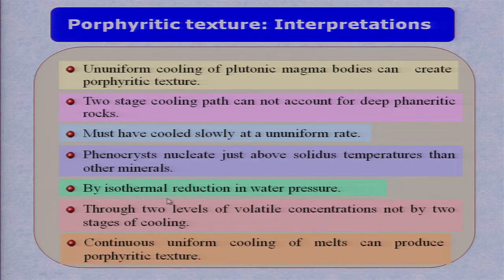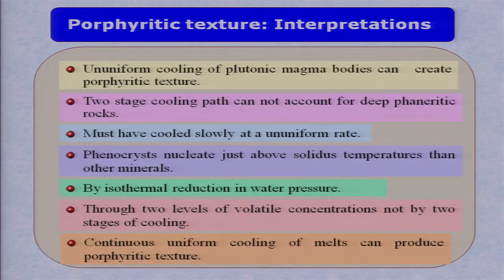Next is isothermal reduction in water pressure. A sudden drop in the water pressure also gives rise to porphyritic texture, through two levels of volatile concentration, not by two stages of cooling. This view is the latest view.